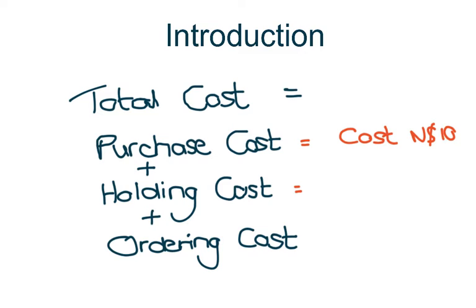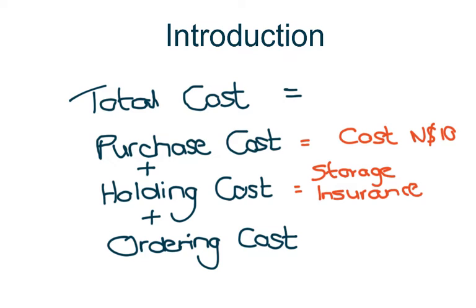But then also we need to hold that cool drink in our store. Remember, we are not going to sell the cool drink on the very same day, so we need to hold it in the store. So what can be included in the holding cost? I would say the storage will be a factor. Also insurance against fire.